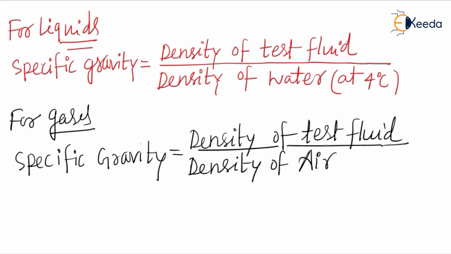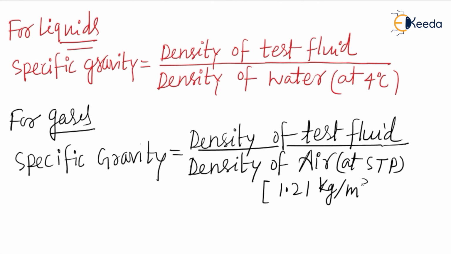So air will be our standard reference fluid at standard temperature pressure. Remember this. This is important. So what will be the density of air at standard temperature pressure? It will be 1.21 kg per meter cube. Need to remember this. This will be the standard density of air at STP.